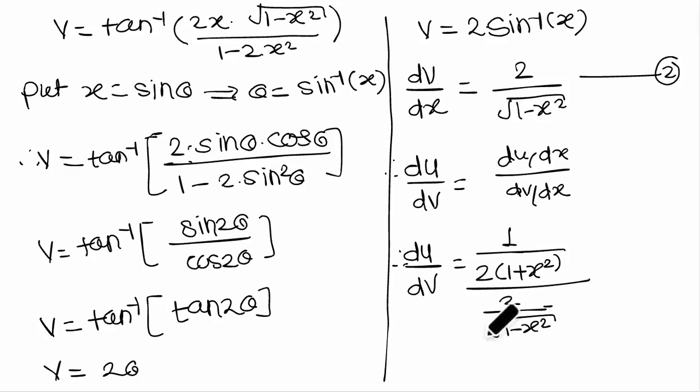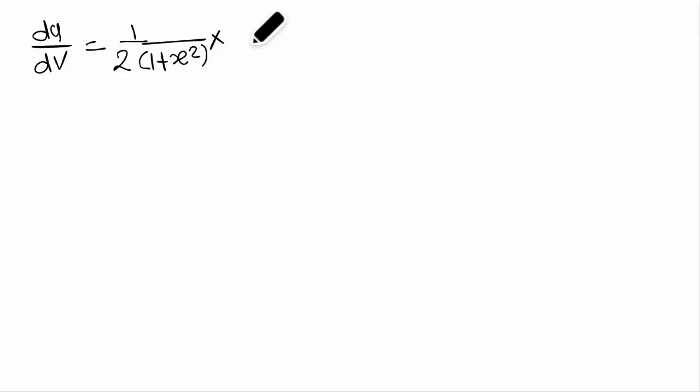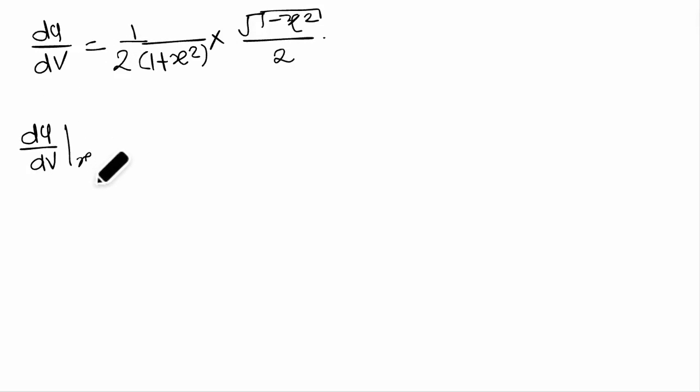So our du by dv will be root of 1 minus x square, whole divided by 2 into (1 plus x square) into 2.